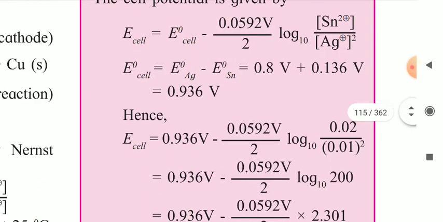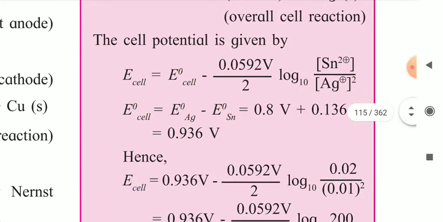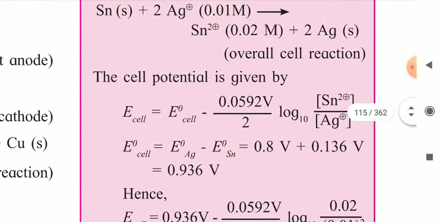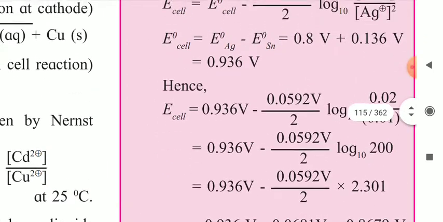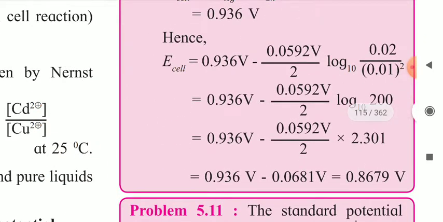Now we have already known this relation, how to find the E0 cell, that is the standard EMF of the cell, and according to that formula, that is E0 of Ag minus E0 of Sn. By using that formula we have calculated E0 cell, and that E0 cell we have used in the Nernst equation.